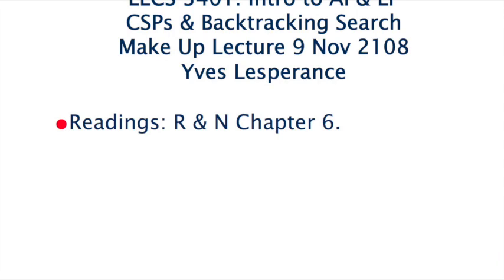Okay? And if you use forward checking, then you get for free a kind of very powerful heuristic. Okay? The heuristic is basically that the next variable to assign should be the one that has the fewest values in its current domain. Okay?